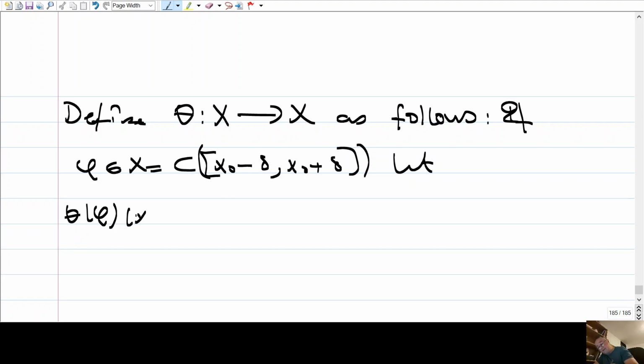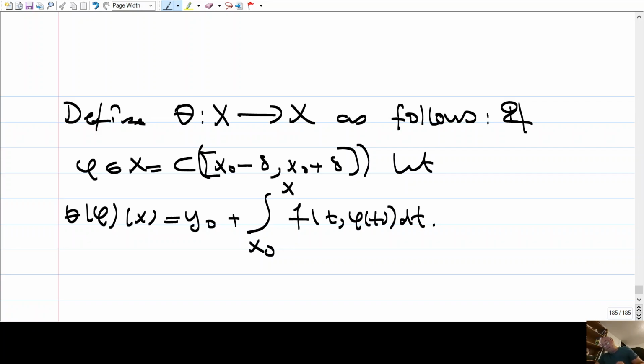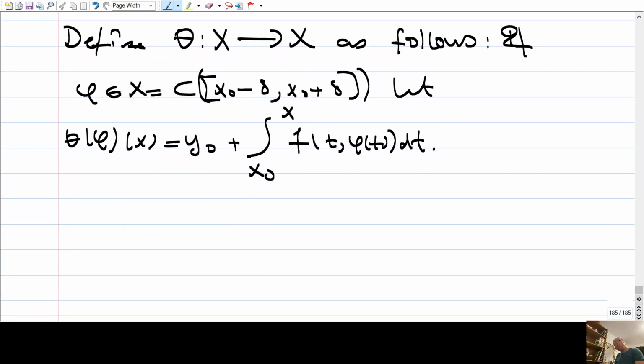This will be a function and its value is just y0 plus the integral from x0 to x of f of t, phi t dt. I have to make sure that this function also is defined here. How can I make sure that?